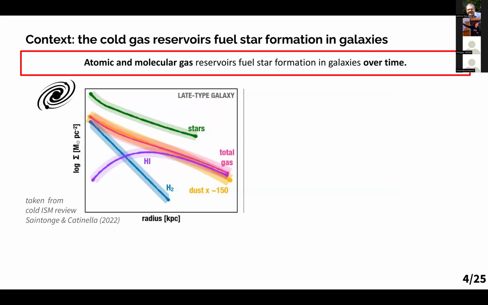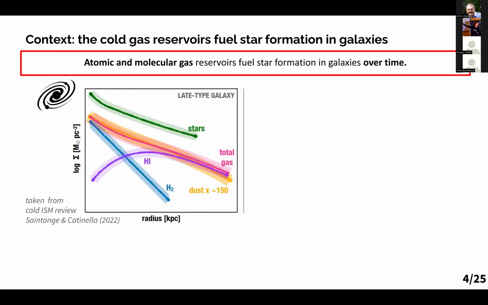So just as a context, this is the view of the different components that you find in a typical galaxy. Here I picked a late type galaxy, and you can see the surface density profile as a function of radius for the main component of this galaxy, the stars, but also the gas reservoirs that are fueling the star formation.